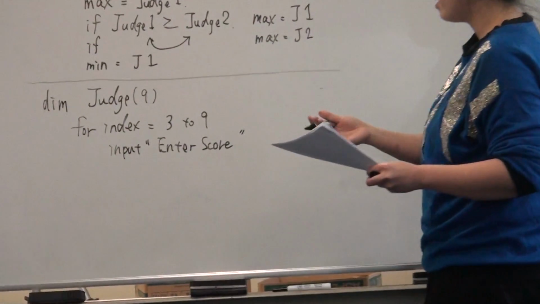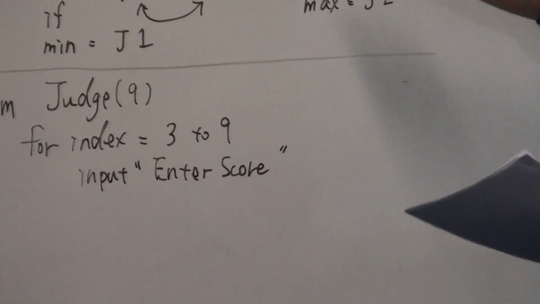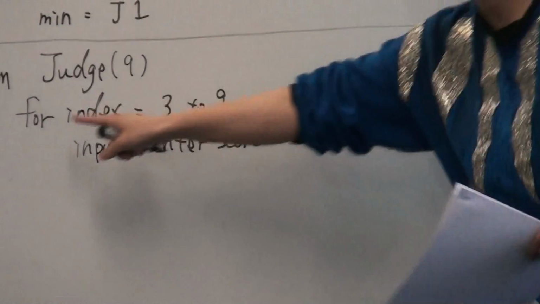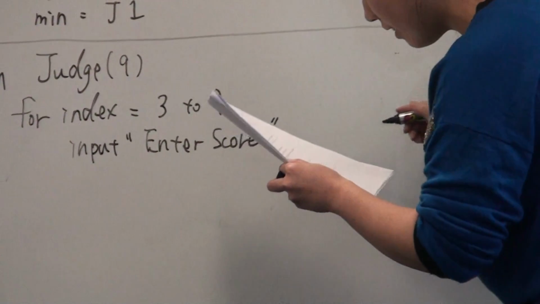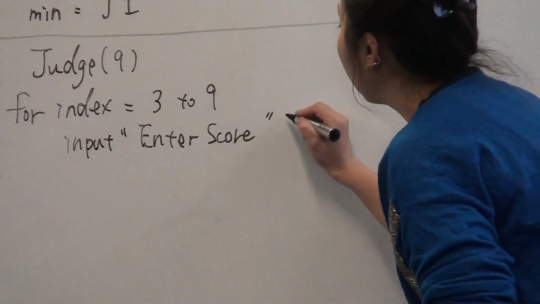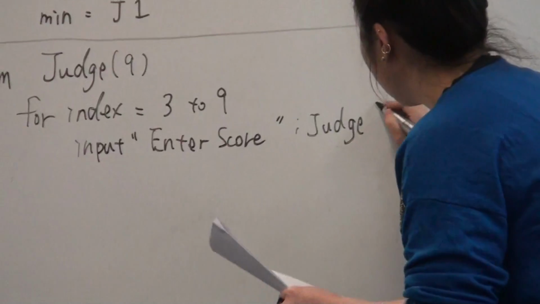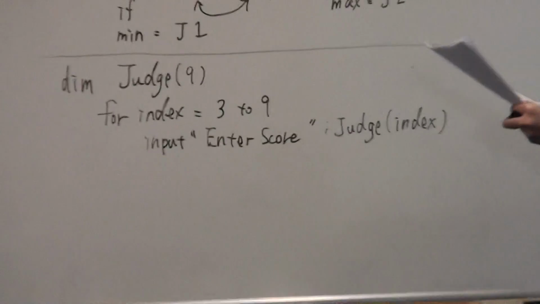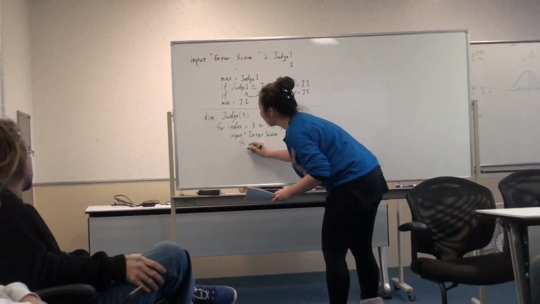For the user, it's just showing from the first enter score, but in the program, from here, it's in the loop. Then enter score, and then say here, judge index. That's the crucial instruction. That's going to load it. And then after that, use just an if statement.